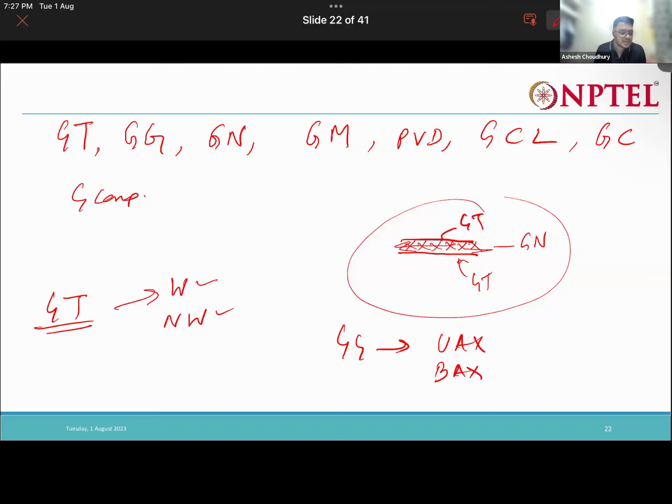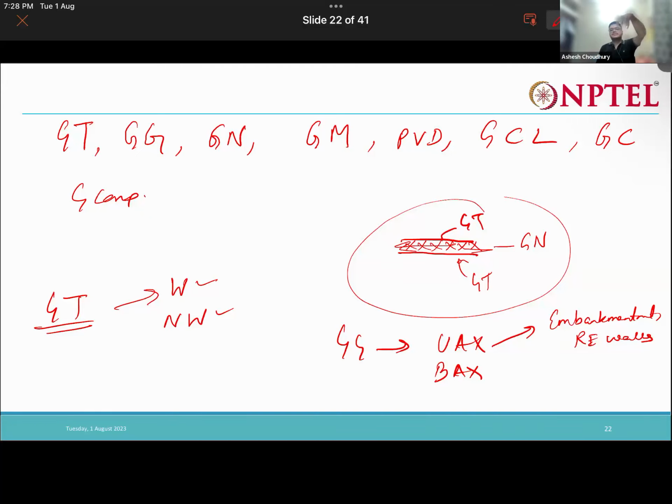So where are uniaxial geogrids mostly used? Uniaxial geogrids are generally used as reinforcement layers in embankments or RE walls, reinforced earth walls, where the out of plane direction is very long, right?